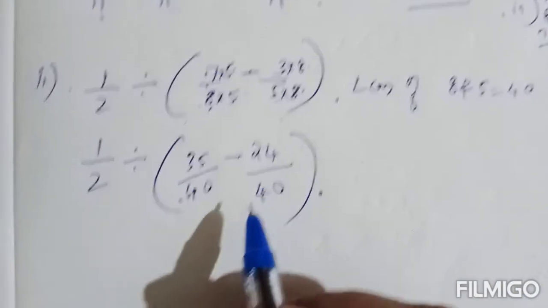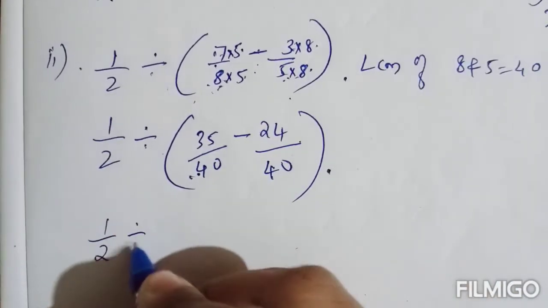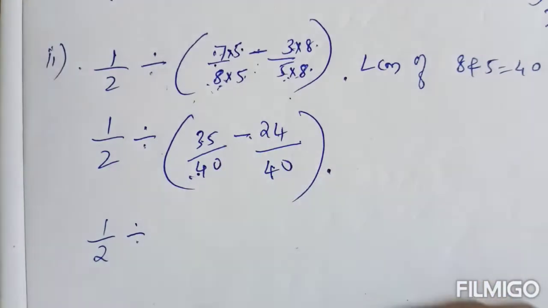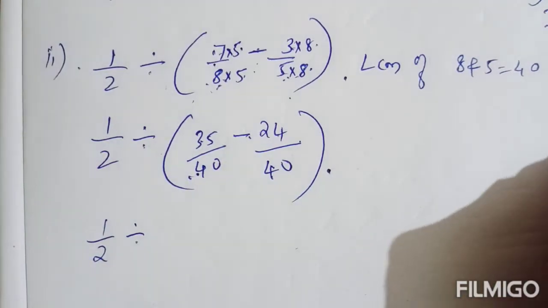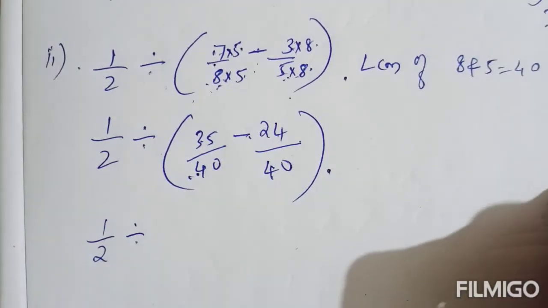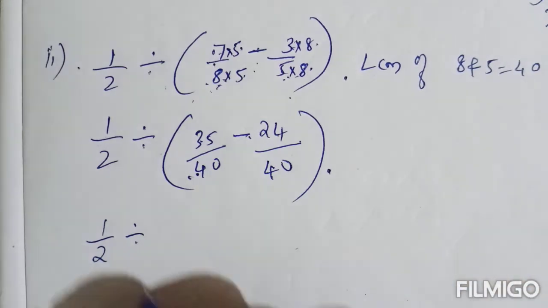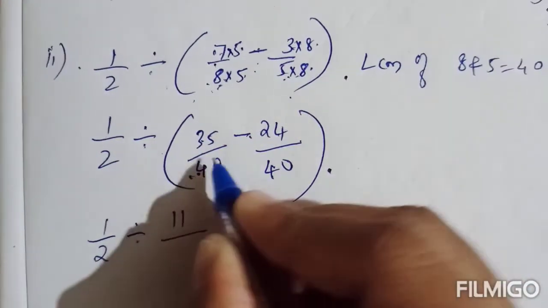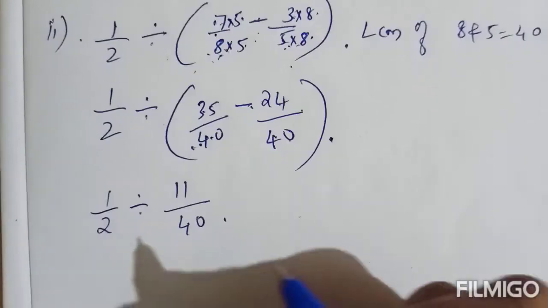Now you can subtract this. 1 by 2 divided by 35 minus 24. 35 minus 24, you will get 11 by the denominator 40.